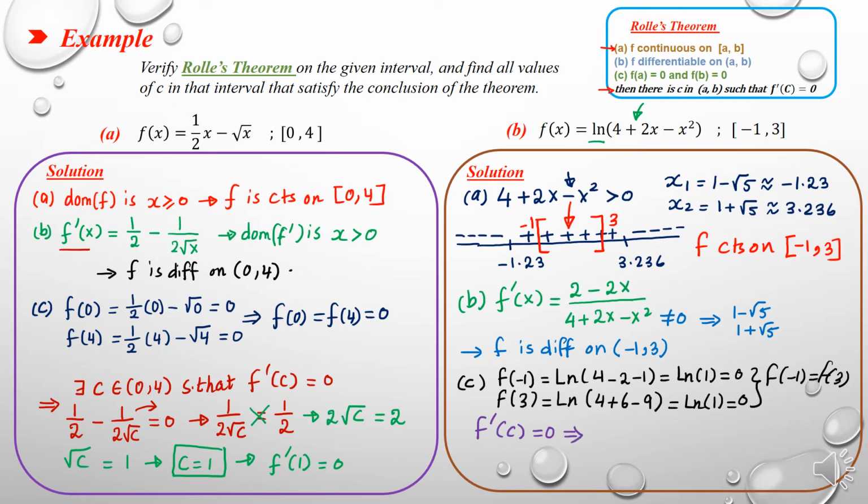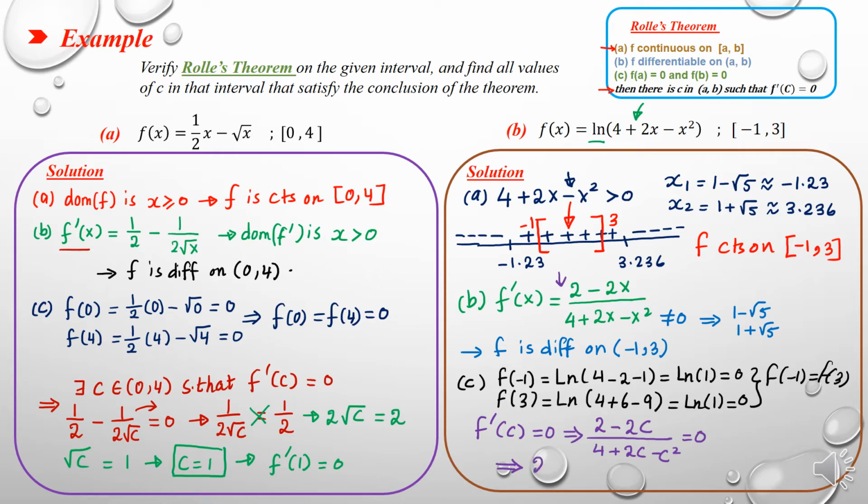And f prime of c is given here. So we have 2 minus 2c divided by 4 plus 2c minus c squared equals 0. If we have a rational expression equal to 0, then the numerator equals 0.